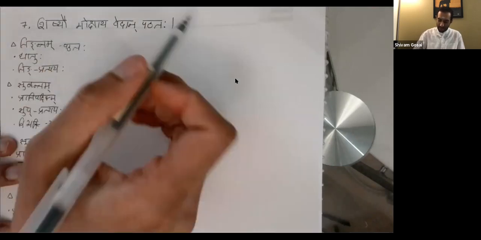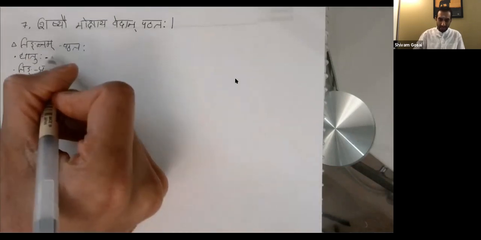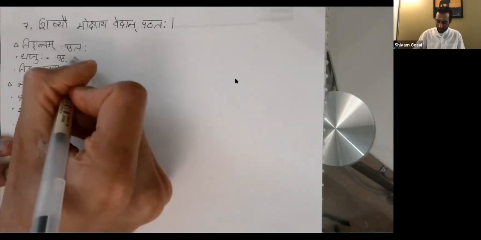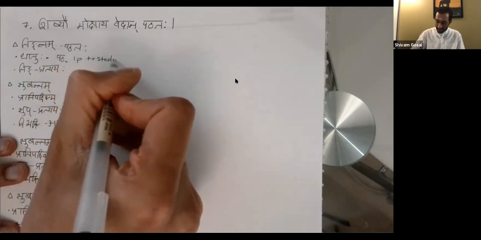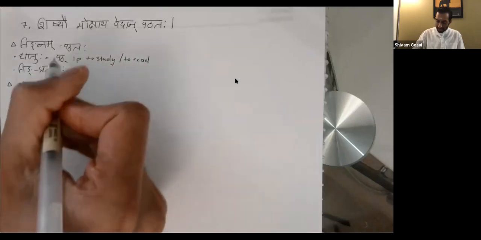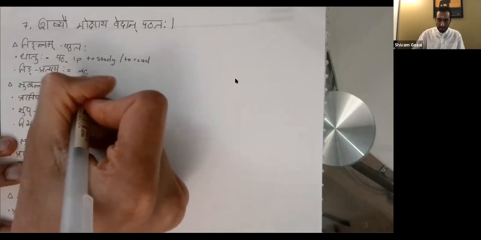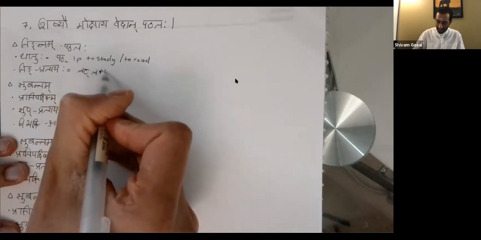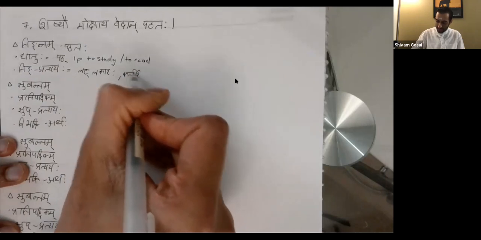Okay. So we're going to select patataha. Dhatu of patataha. Pat dhatu. 1P, to study or to read. Ting pratyaya. So we're in present tense, right? Lat lakaraha. Kartari prayogaha.